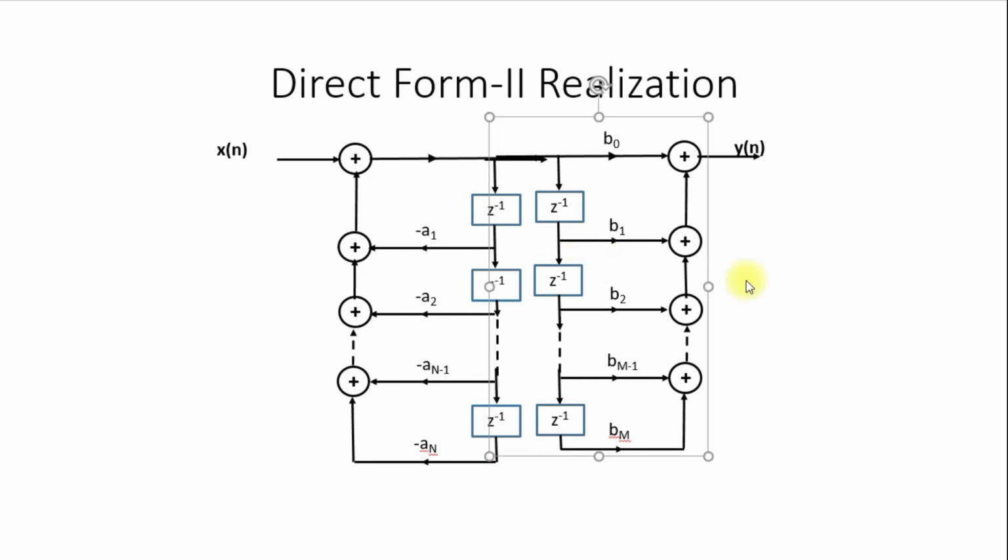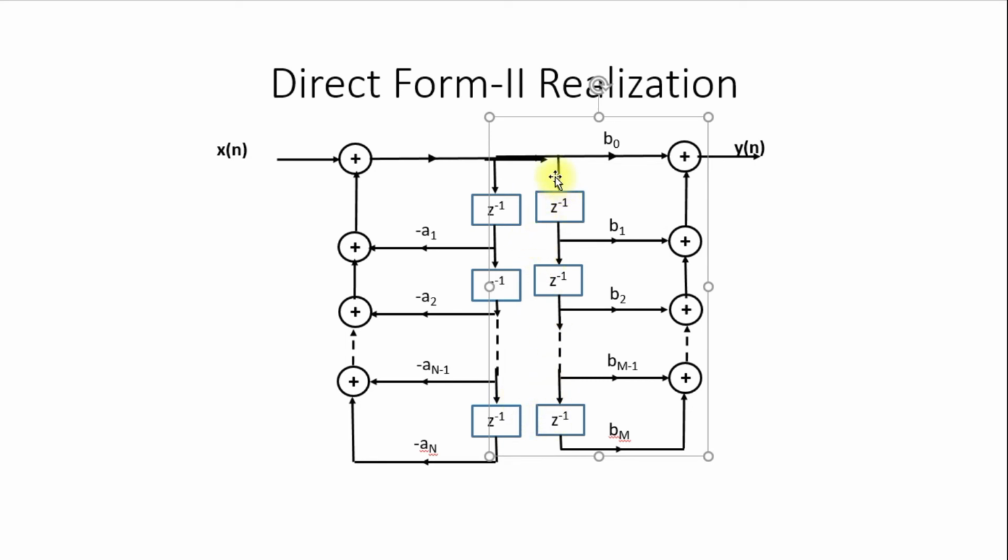Now, when we are swapping like this, we can see that the two delays are coming together. So from this structure, it is evident that instead of two delay elements, it can be replaced with a single delay element, so that the overall delay elements become half.